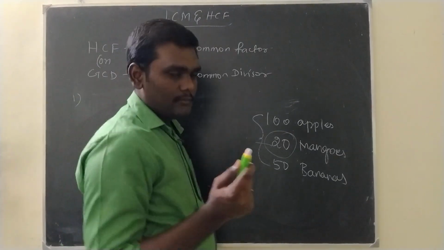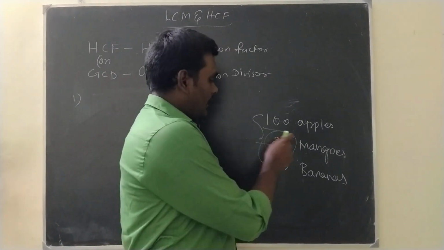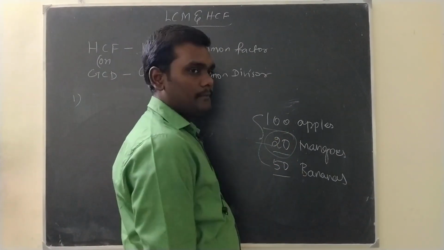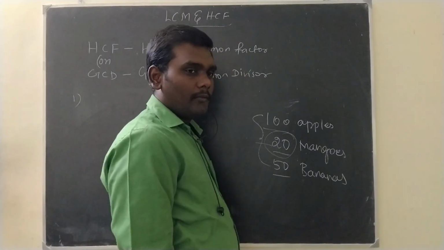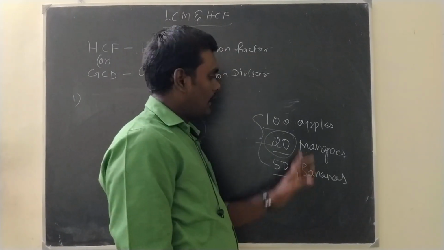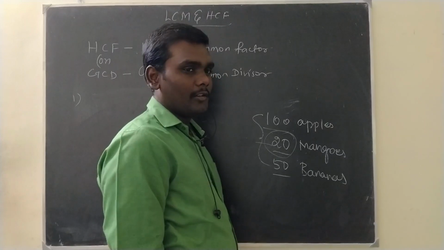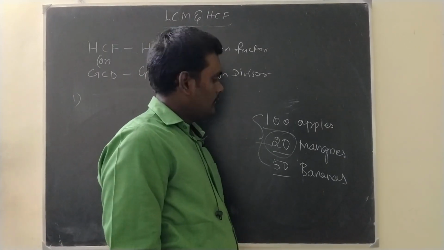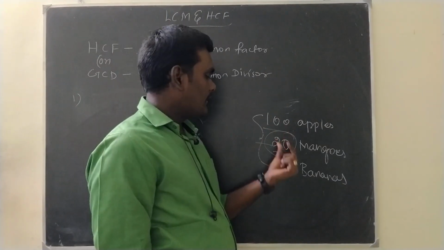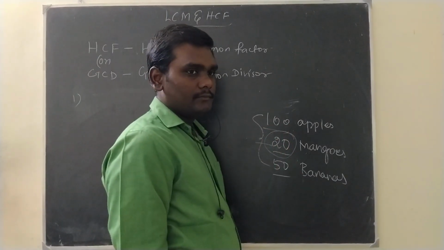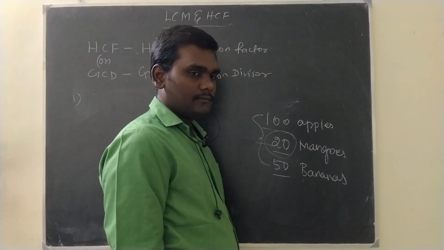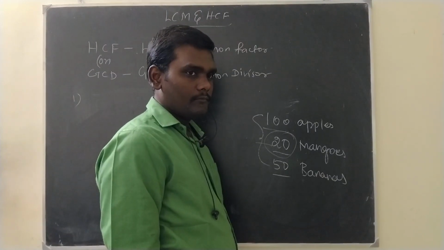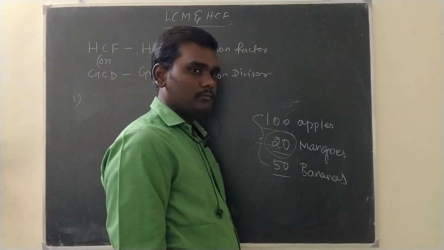So a number which divides 100, 20 and 50 will be the number of apples, number of mangoes, number of bananas. So what is the number that divides this equally? 5, 2, 10.